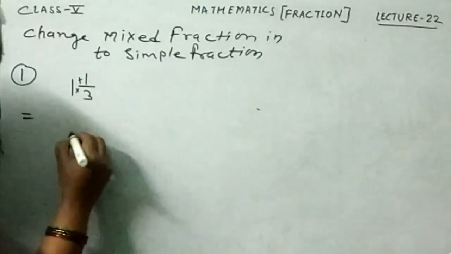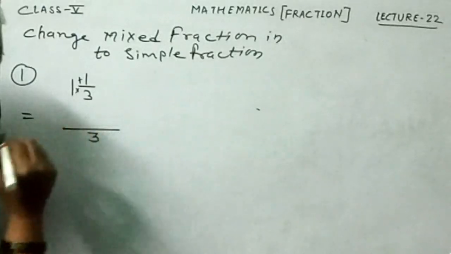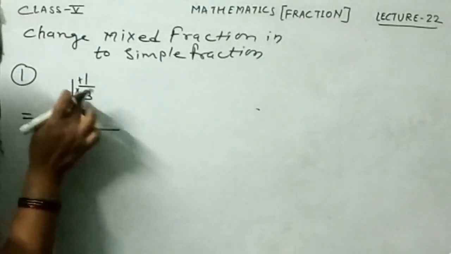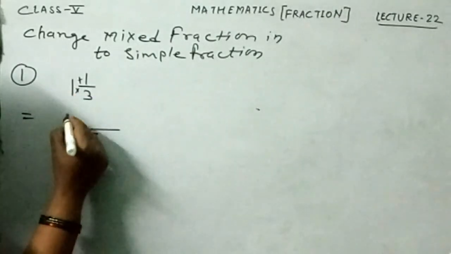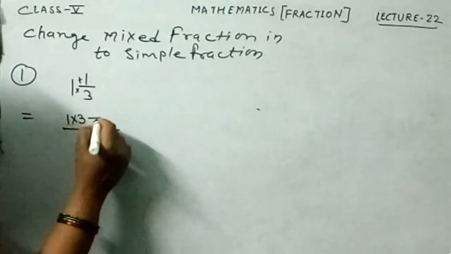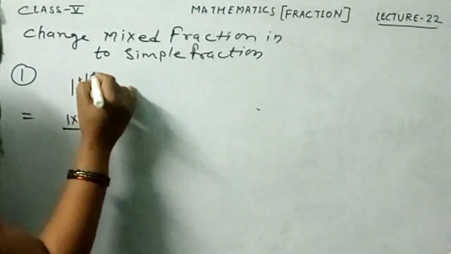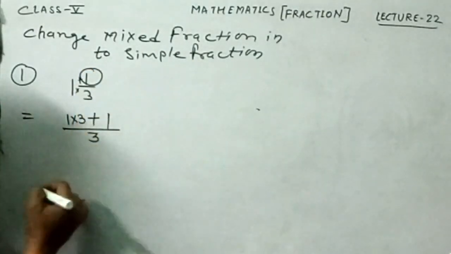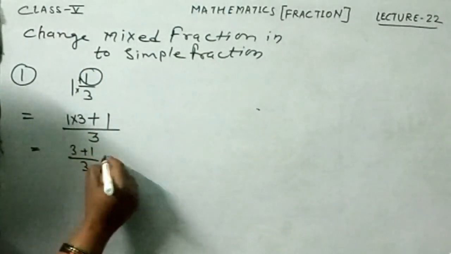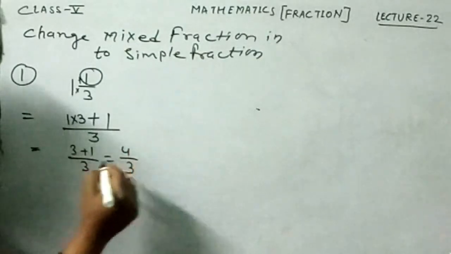What is in the down, you write as it is, the same number 3. Multiply 1 times 3, and after that add the number on the top. Now 3 1s are 3, plus 1, by 3. 4 by 3.